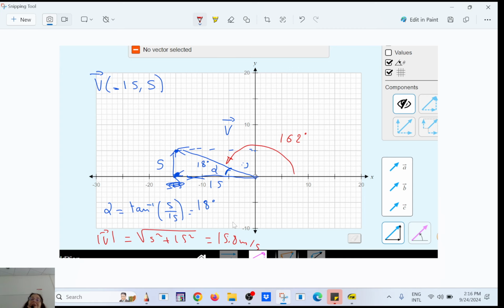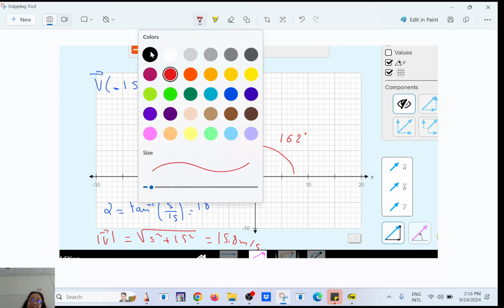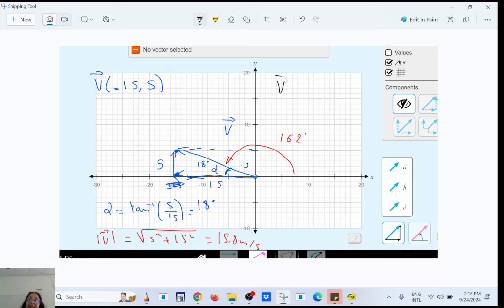Yes? Okay, so you have two notations. You can say v: the x component is minus 15, the y component is 5. Unit is meter per second. Or you can say how much? 15.8 of what? Meter per second, which way? 162 degrees.